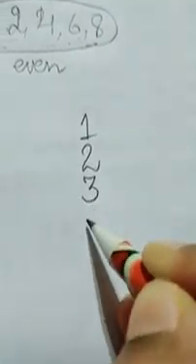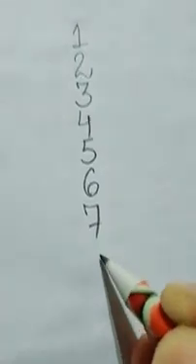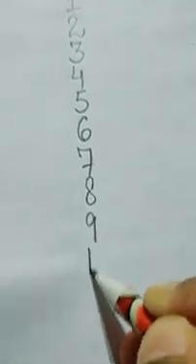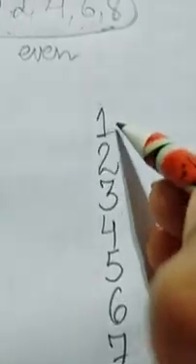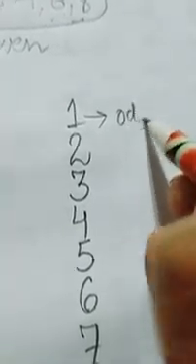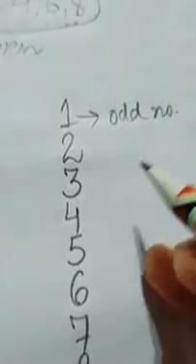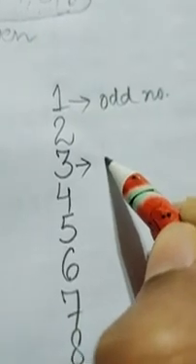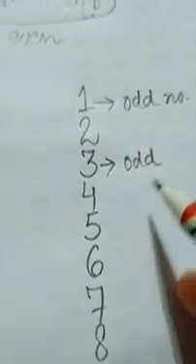And you can see here I will write the counting 1, 2, 3, 4, 5, 6, 7, 8, 9, 10. 1 is an odd number. Then the next odd number is 3. This is also odd.